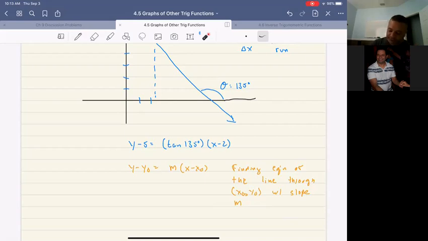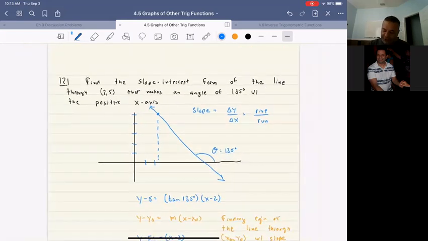So y minus 5 equals negative (x minus 2). y minus 5 equals negative x plus 2. y equals negative x plus 7. And if you look at this picture, it sort of lines up, right? That could be plus 7.